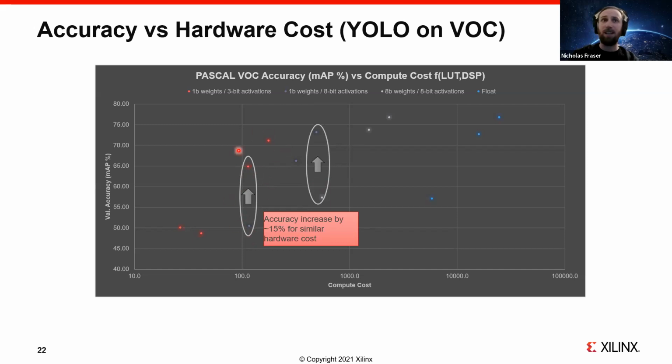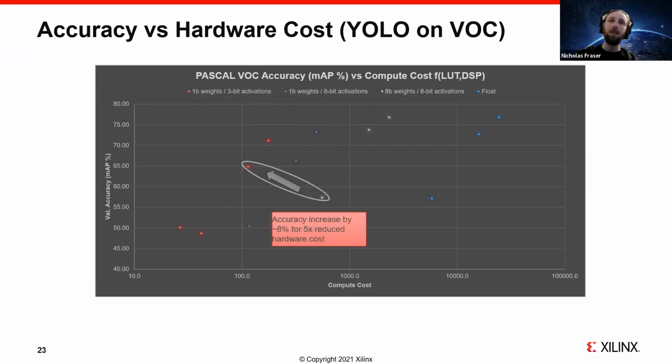Similar with this model down here, although this is going from tiny YOLO to YOLO 9000, and from 1-bit weight 8-bit activations to 1-bit weight 3-bit activations, right? Some other interesting points. So if we go from tiny YOLO 8-bit weights 8-bit activations to YOLO 9000 1-bit weight 3-bit activations, we can increase the accuracy by around 8% for a 5x reduced hardware cost.